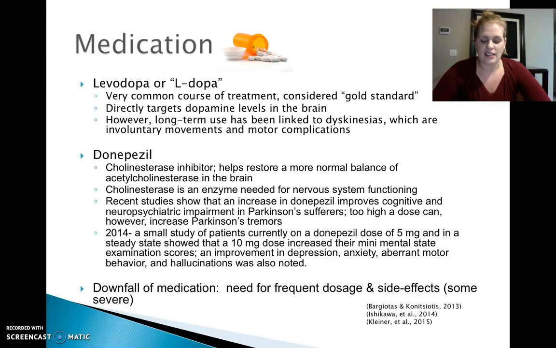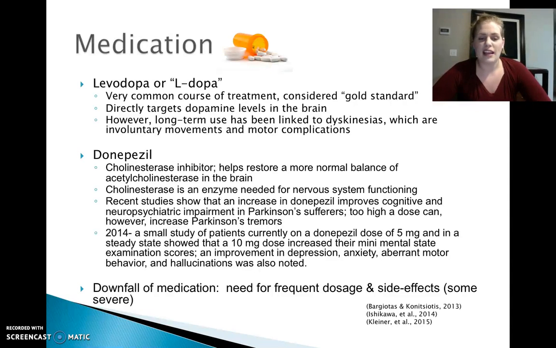So the study's findings suggested that donepezil is actually an individualized course of treatment, and that individual dosage and benefits greatly vary dependent on the actual patient. But those in a steady state and already on donepezil are good candidates for increased dosage.